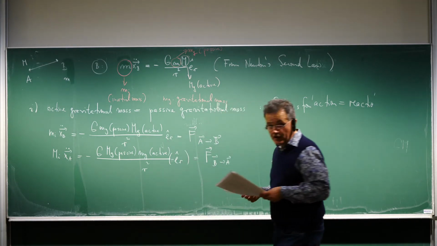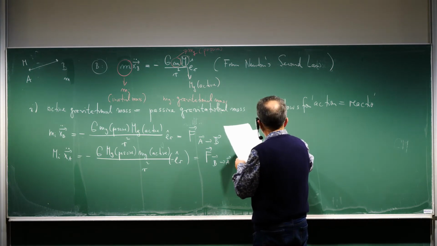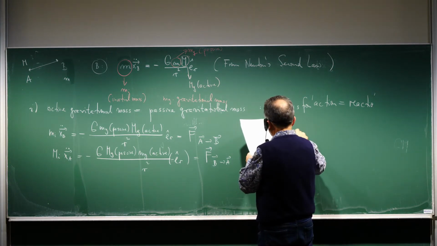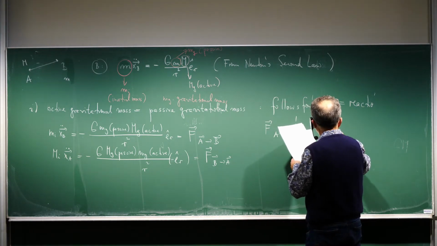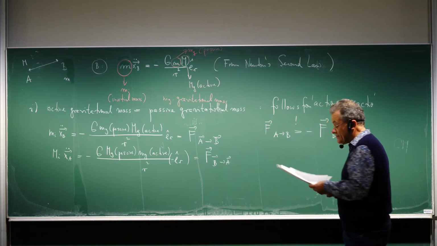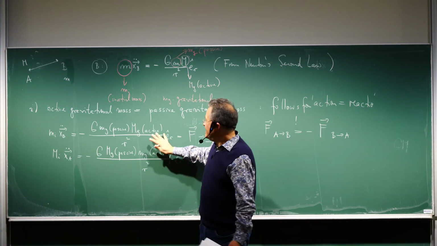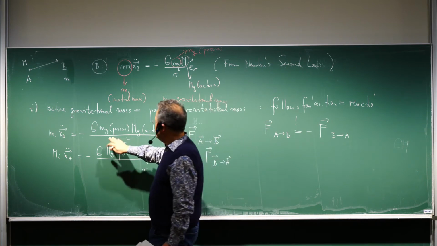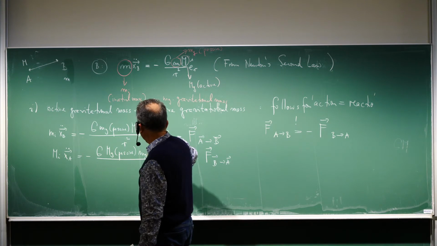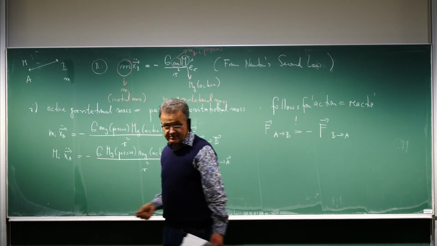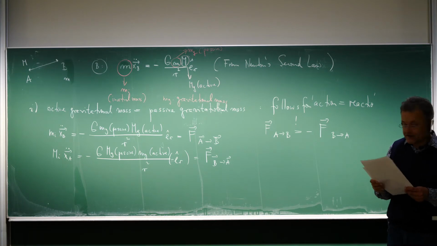Now from Newton's third law, we know that F A on B must be the same as minus F B on A. So in order for this to hold for all possible masses, it's clear that these two must be the same, and also these two must be the same. You cannot have this for all possible masses if they were different.